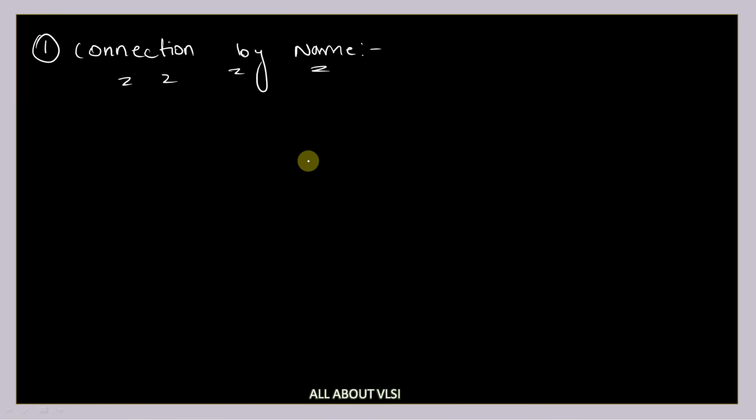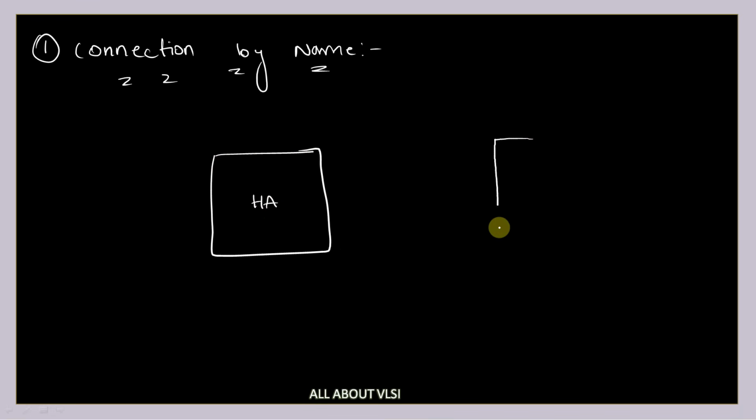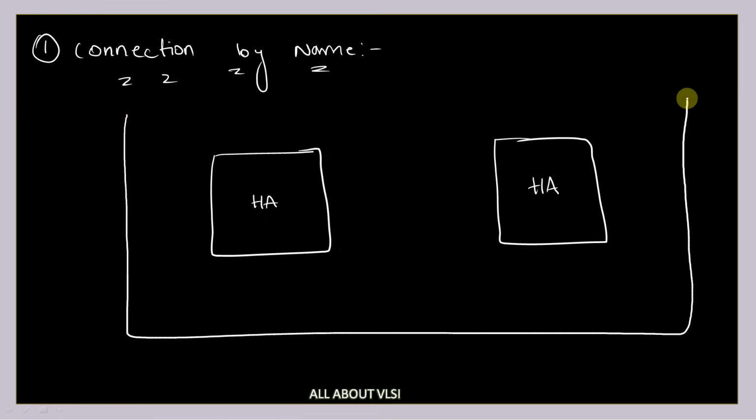Now, let us take this design of a full adder using half adders, and let us try to understand with this design how to build it using connection by name.